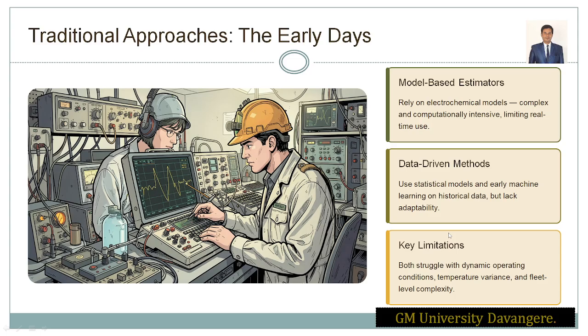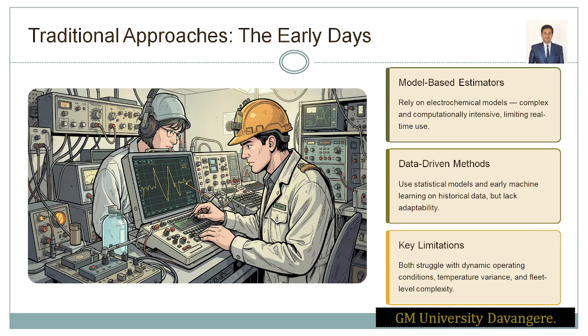All right. So these are the various things where you have to see the major factors for why the traditional approach is not comparable with the present approach. So we have to think more about data-driven methods and model-based estimators. One thing is: what are the key limitations that we can observe from this?